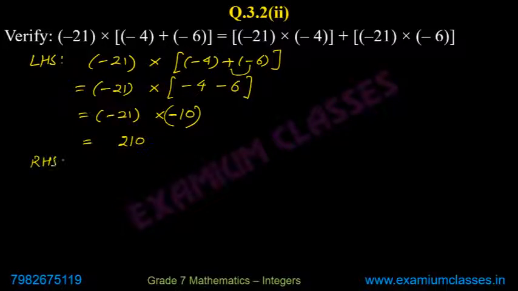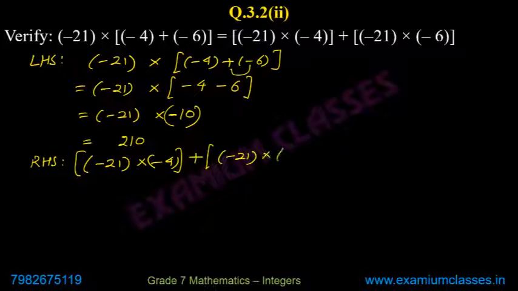Right-hand side: minus 21 into minus 4 plus minus 21 into minus 6 equals, within brackets you will solve first, minus into minus plus, 21 into 4, 84. Now this plus, minus into minus plus, 21 into 6, 126. 84 plus 126, 210.